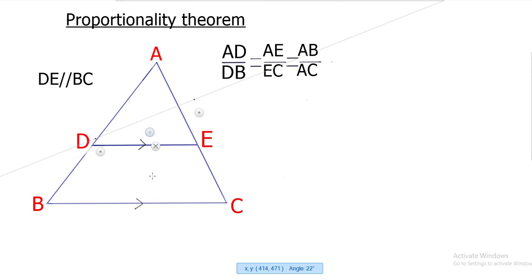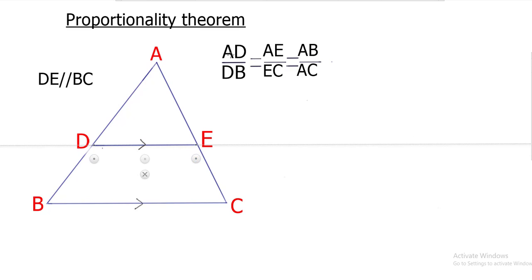Let's start from this side. If we say AD, let's start from the base AD. So we look at which triangle? A, D, E. So E is our head, the head of the triangle.